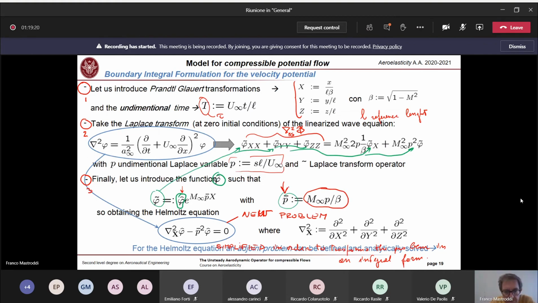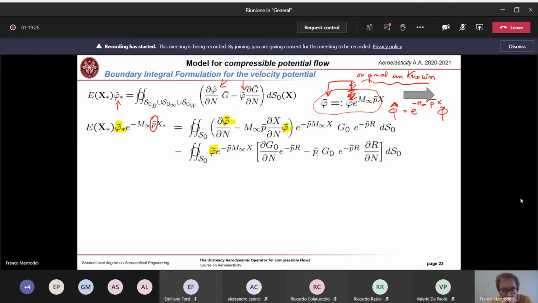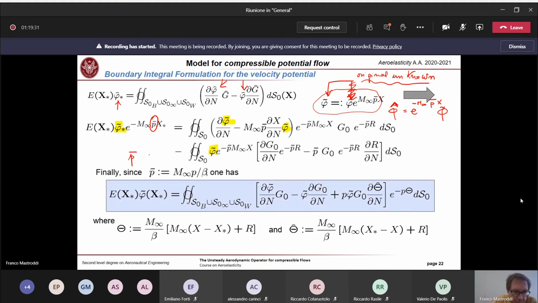And then my integral equation after this substitution for p bar, we have this final equation with G0, remember, is minus 1, very similar to G, but in Prandtl-Glauert coordinates, 4 pi capital X minus capital X star, vector.